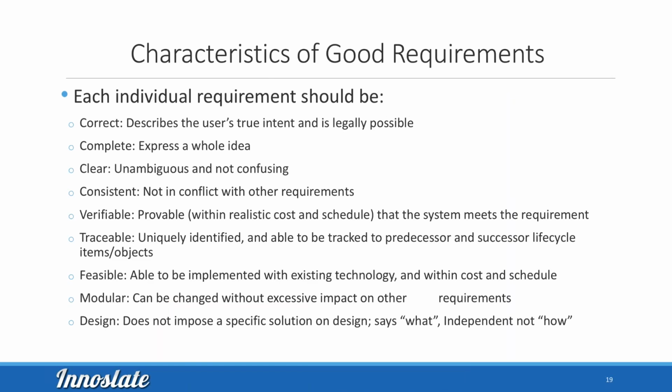So what's the characteristic of a good requirement? I mentioned verifiable. That's sort of the middle one here, but there are all these other bullets you can see: correct, complete, clear, consistent, traceable, feasible. That's a tough one. Modular, and design. What design means is, is the requirement specifying a solution?